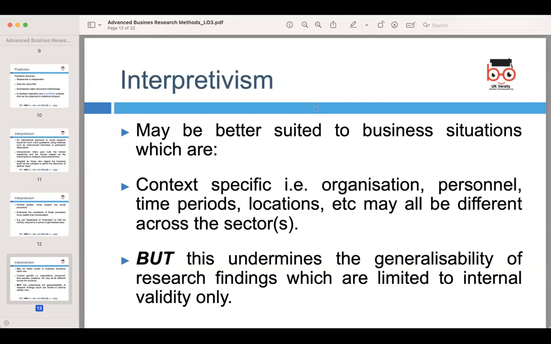In contrast to functionalism, which seeks to identify general laws or principles that govern social behavior, interpretivism acknowledges the uniqueness and individuality of human experience.